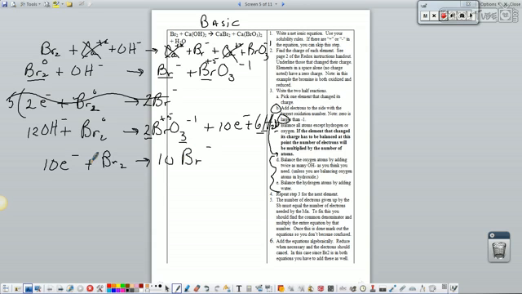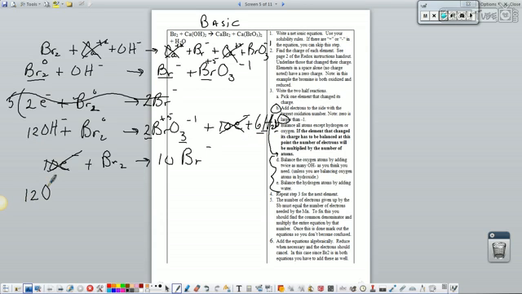So now I'm going to add the 2 half reactions and I'm going to reduce where I can. Well, I have 10 e's and I have 10 e's. The waters, there are no waters that I can cancel out like I did in the previous example. In the OHs, there are none. But you will have times when you have those.